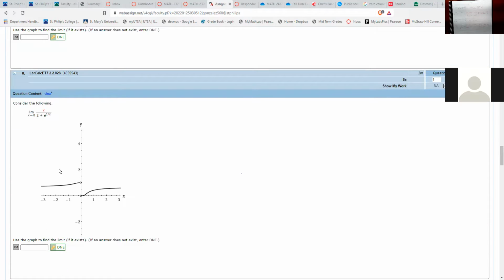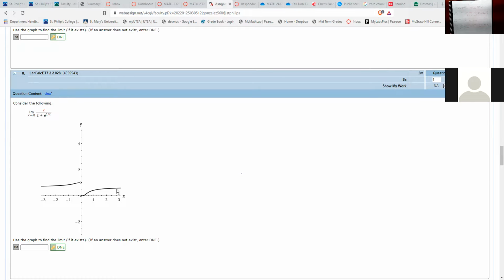So what do you guys think about this one? What is the left-handed limit as I go to 0? Yeah, so from the left side, the function is going to 1.